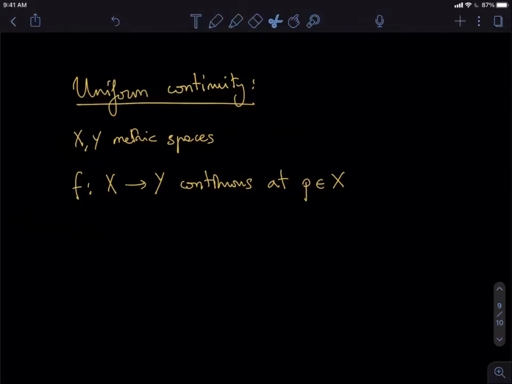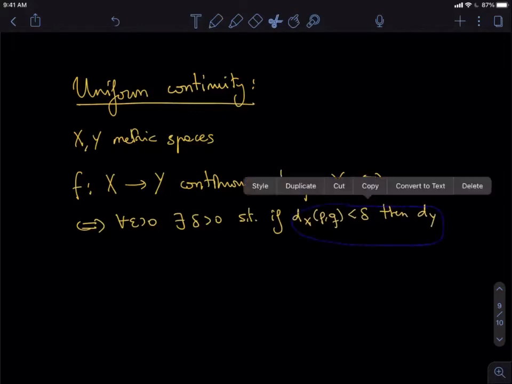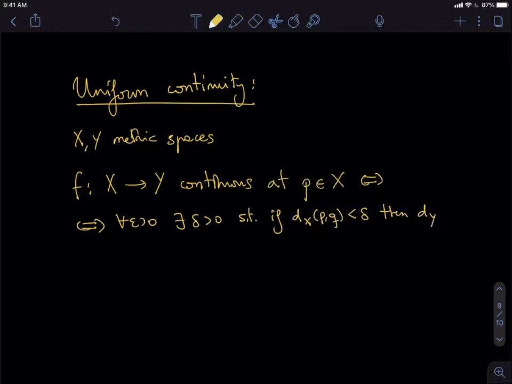a continuous function at the point P, the definition is that for every epsilon bigger than 0, there exists some delta such that if the distance between P and Q is less than delta, then the distance in Y between f of P, and let me continue in the next line.